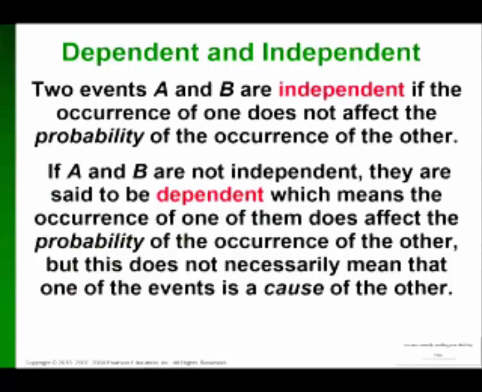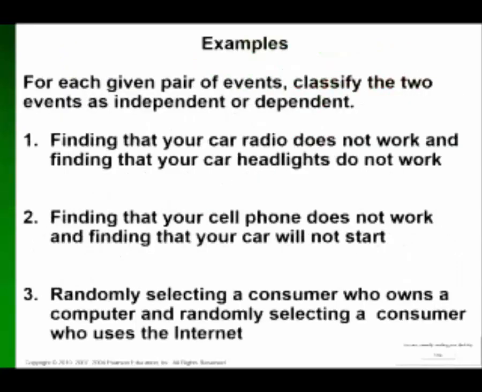Dependent means the probability of one does affect the probability of the other, but that doesn't mean one is causing the other. The fact that you pull the blue marble out first is not going to cause you in any way to pull a blue marble out second, or not pull out a blue marble second. Classify as independent or dependent.